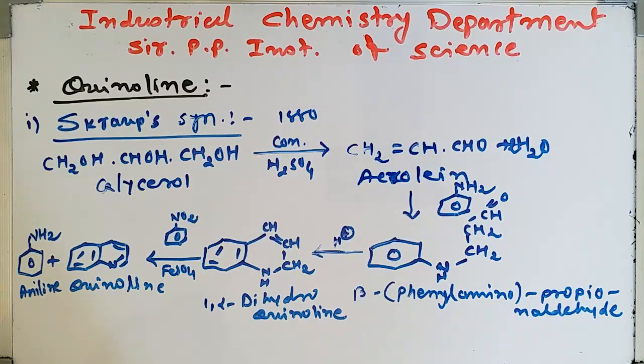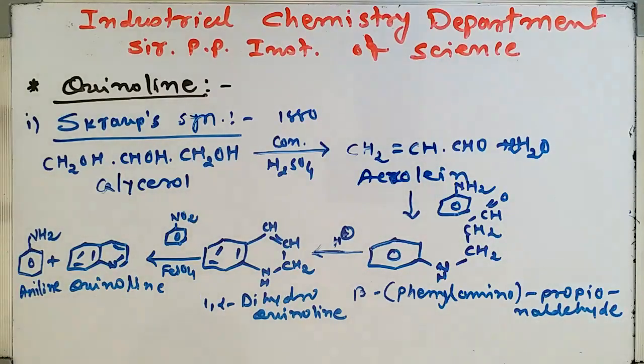A large number of substituted quinolines have been prepared by using substituted anilines, and substituted aldehydes or ketones are also used. So this is a very important synthesis known as Skraup synthesis.